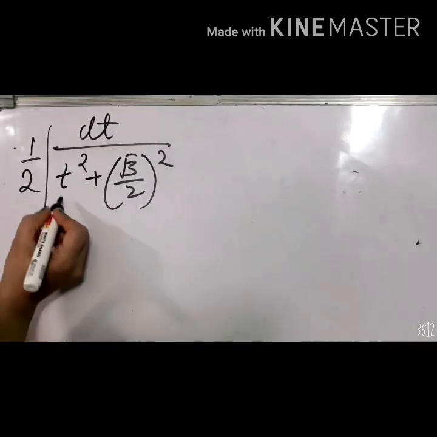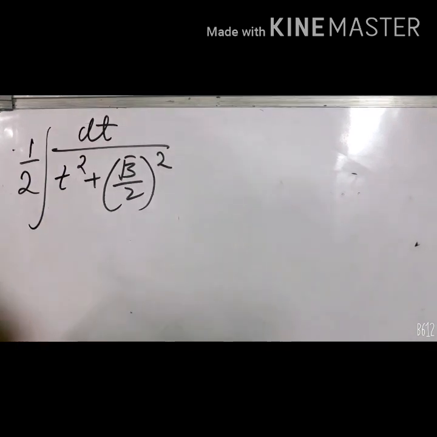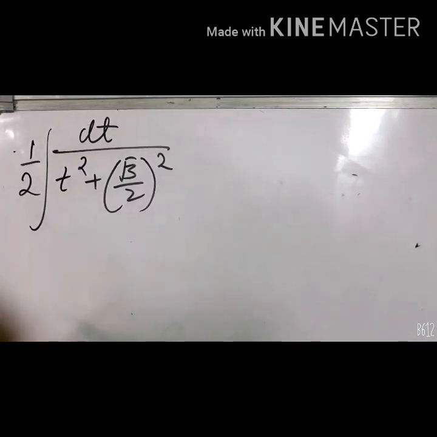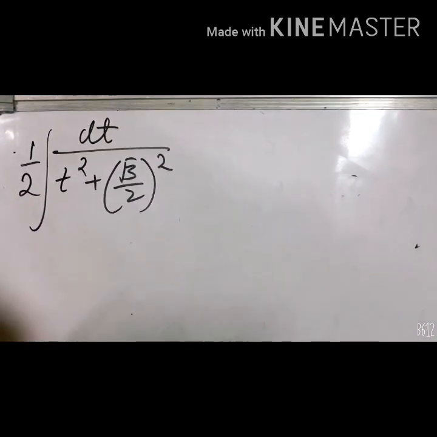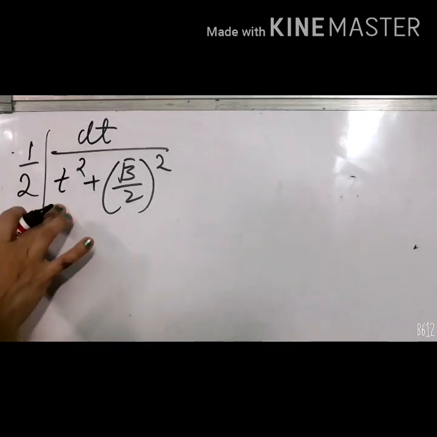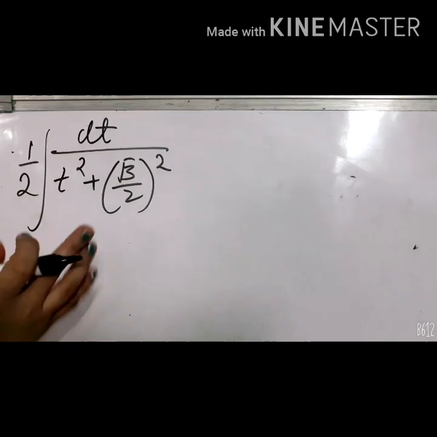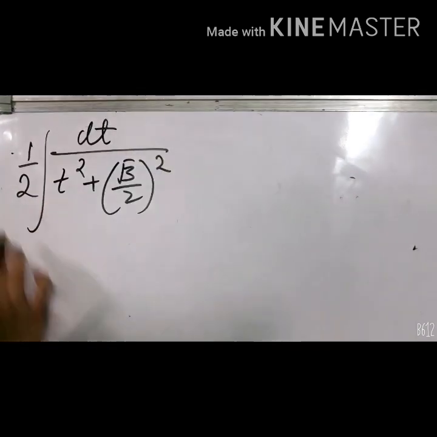Why did I write it like this? See here, it was 2t square. All the integral forms you have seen have t square, x square, u square, all alone. Nothing is multiplied to it. That means whatever is multiplied in the question, the first step is to divide it. So I took 2 common, so it becomes a form like this.